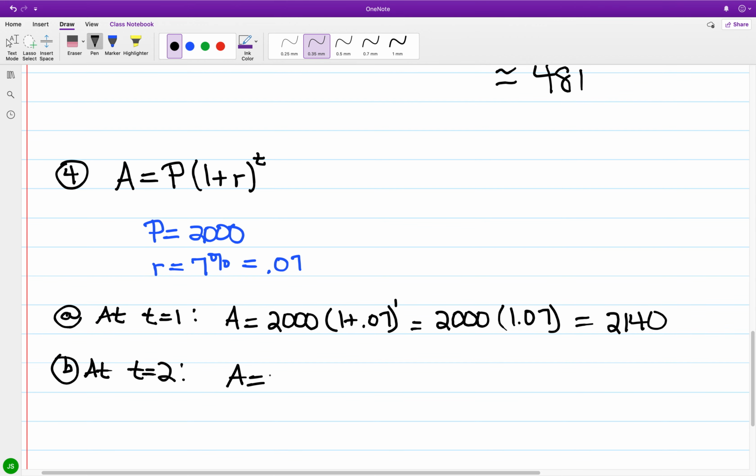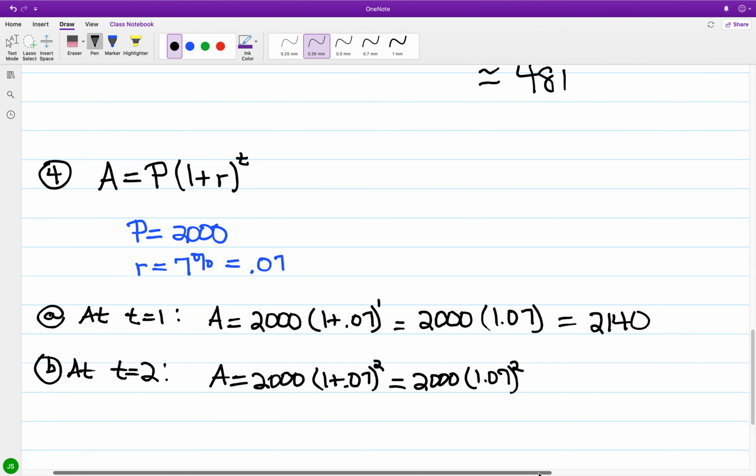Now, for what the future value is going to be after 2 years, you have the same formula. So you have 2,000 times 1 plus 0.07, and to the T we have to the second. So here we have 2,000 times 1.07 to the second.